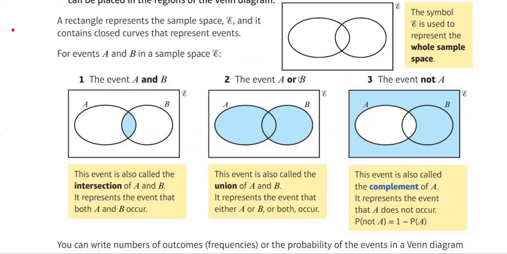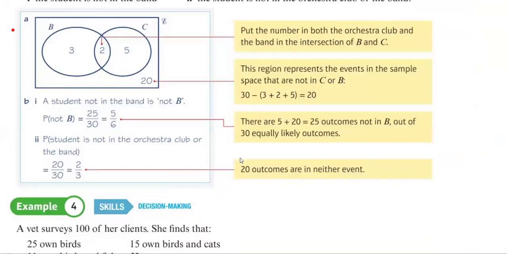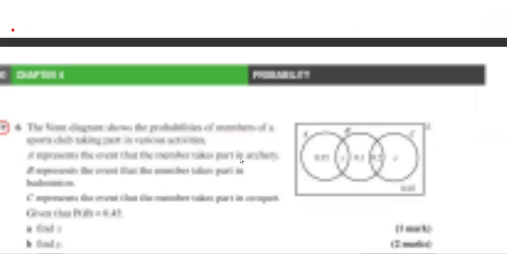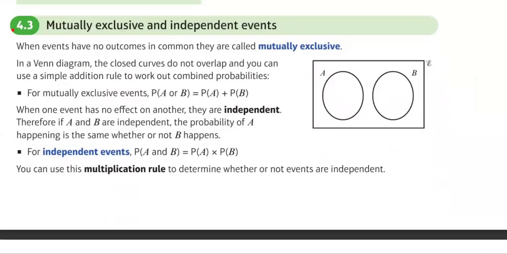Union means A or B. Not A means without A, meaning complement. This is a very important thing.